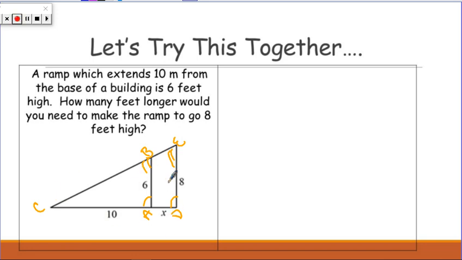So these two triangles are similar by the angle-angle criteria.